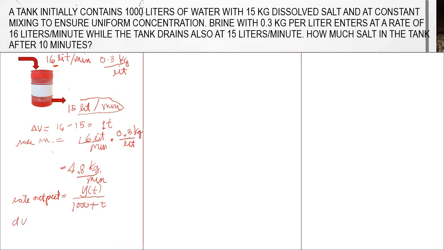So therefore, your equation becomes dy over dt equals input 4.8 kilograms minus y, the function of time, over 1000 plus t.